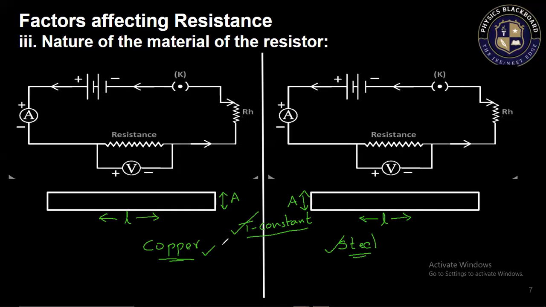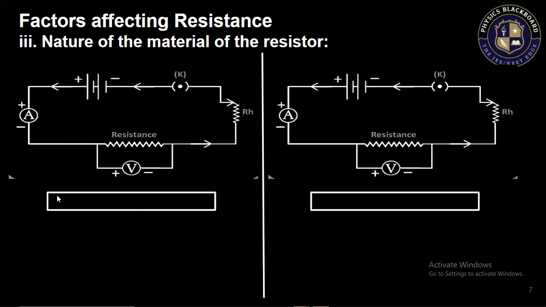Different materials have a different density of particles, so the resistance of one material differs from the other. So if there is a change in the nature of the material of the resistor, the resistance of that resistor will also vary. Finally, we can say that resistance depends upon the nature of the material of the resistor. Yes, this is the third factor.